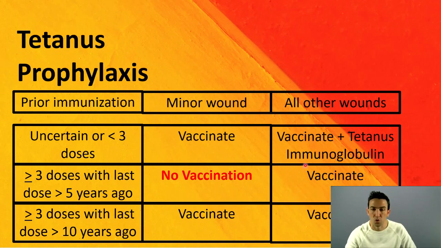And they have this wound that is not considered minor, which includes a wound that's contaminated with feces, soil, saliva. It's a puncture wound or saliva with puncture wound. It's a burn, crush injury, something that's much more than just an abrasion or a small laceration. And it's been more than 6 hours old or appears infected on initial presentation. So that's the big takeaway there. Other than that, if they need to be updated on their vaccine, then update the vaccine.